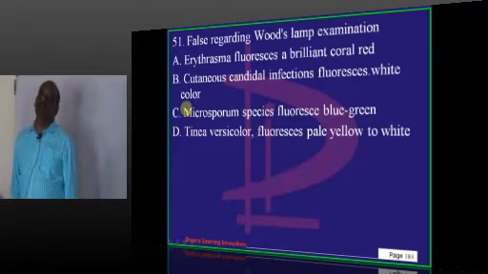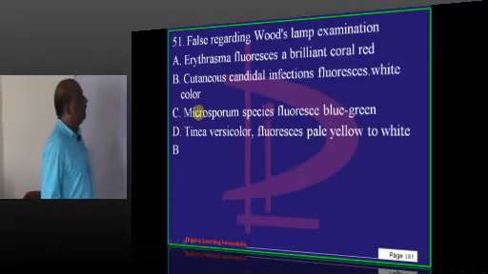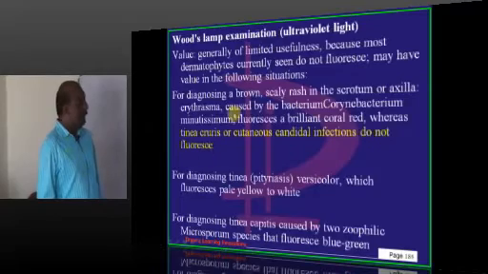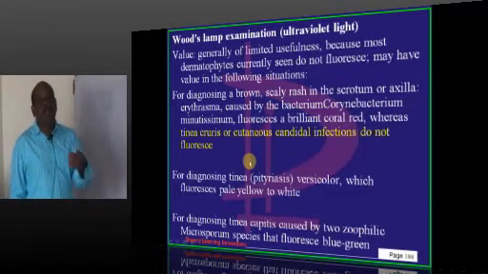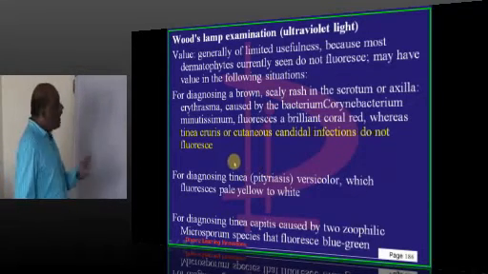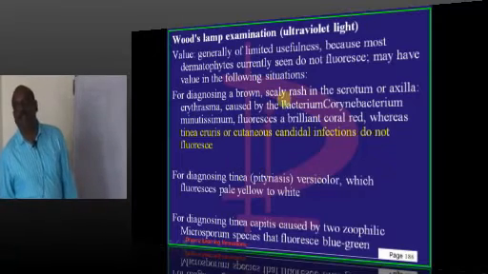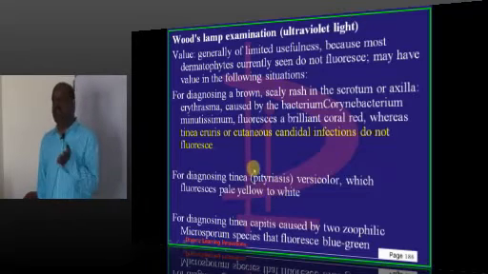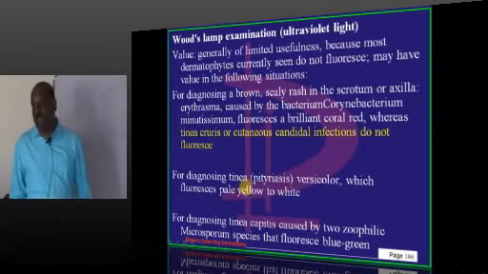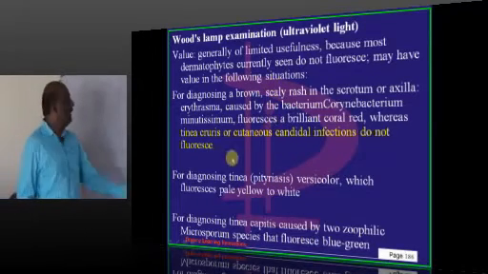Wood's lamp, what is the wrong statement? Typically tinea cruris and cutaneous candida do not fluoresce under the Wood's lamp. So you should remember, and not forget, that the examiner is very interested to know which color and which organism.